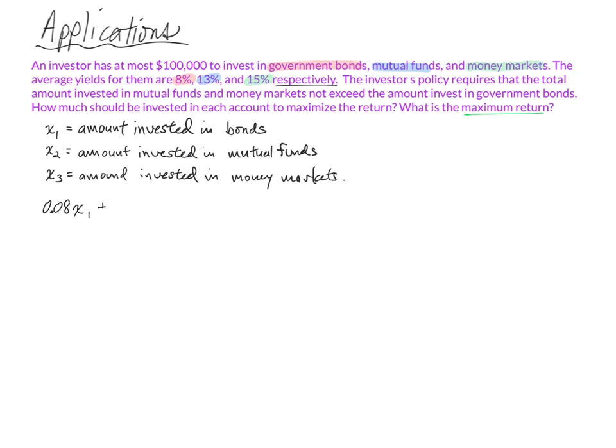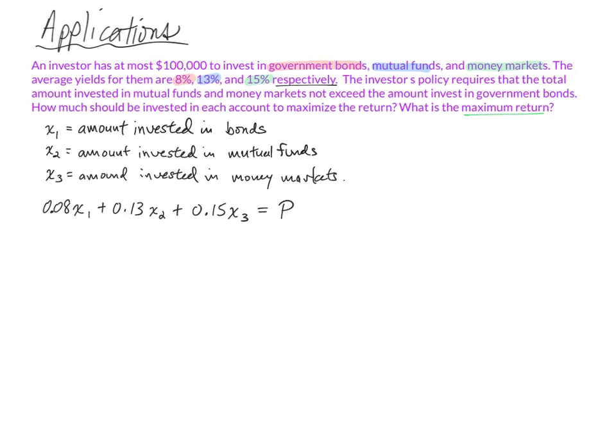And we can do the same with the mutual funds and the money market, and we can call that P. So there is the objective function. I only put the P on this side because I don't have the ability to write it over here while I'm making this video.